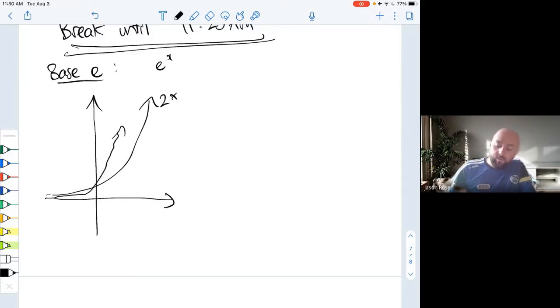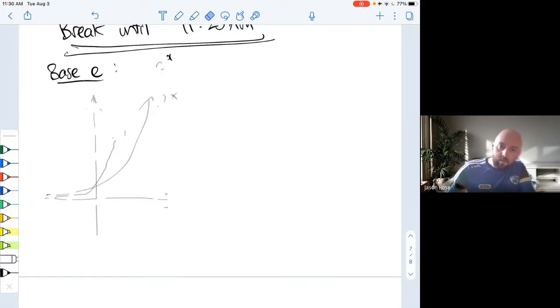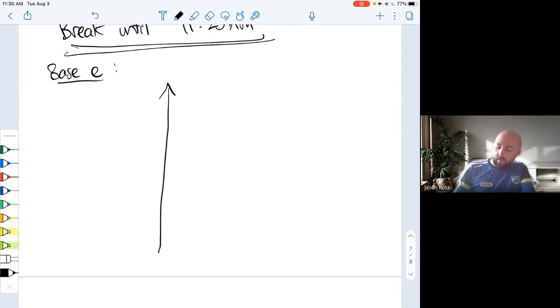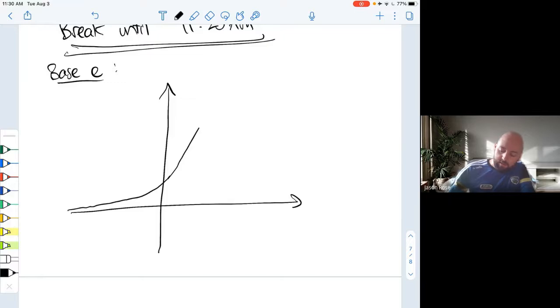Okay, so what we were talking about a second ago about the slope of it is about this here. If we draw e to the x like this, if this is y equals e to the x, then the tangent line at the y-intercept would be this one here.